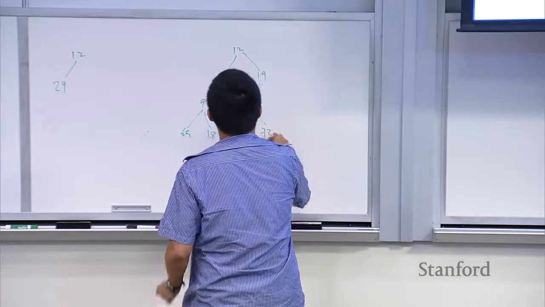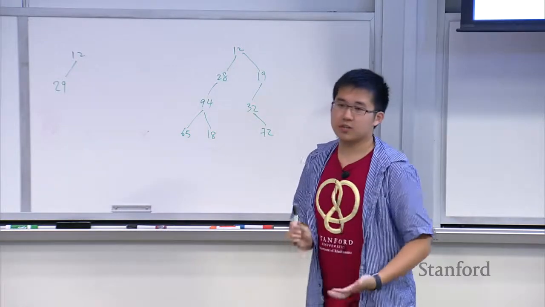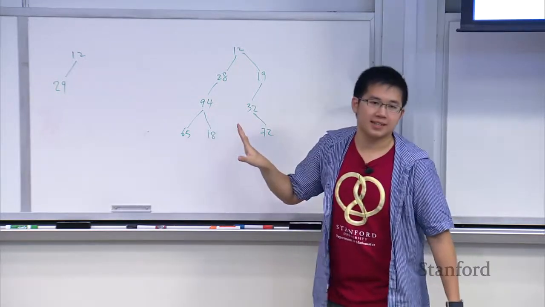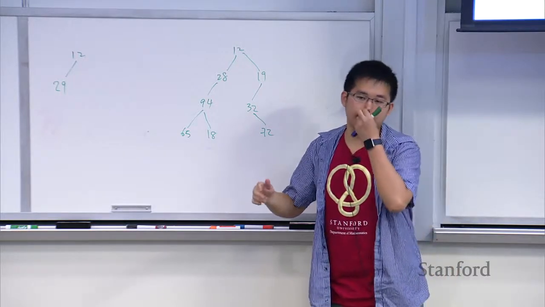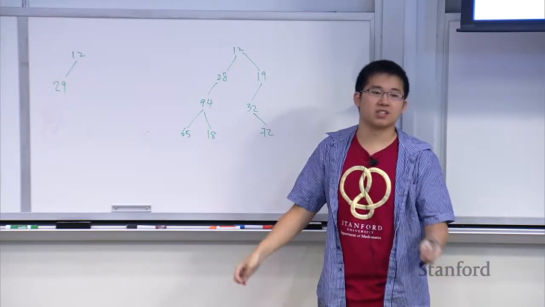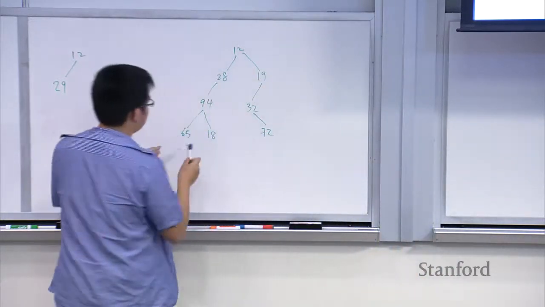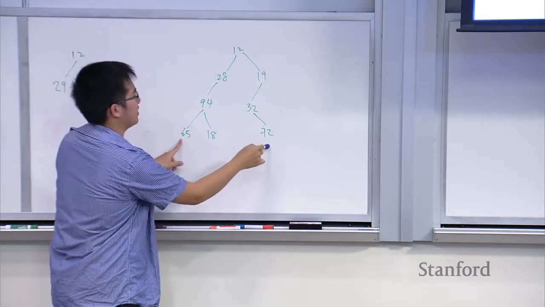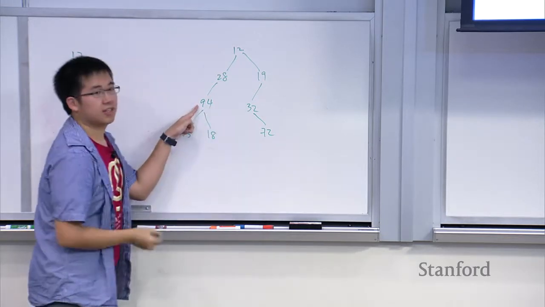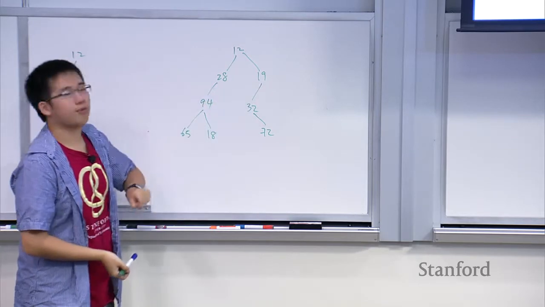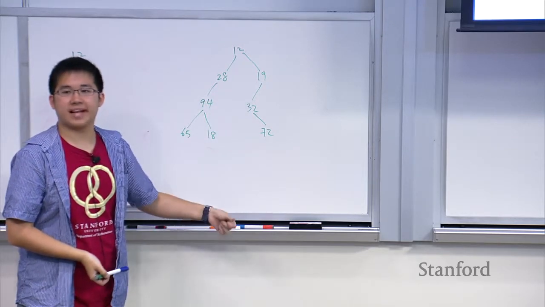Okay. What we want to do in this question is make this tree complete. What does it mean to complete a tree? That means make sure that all the nodes have either 0 or 2 children. For example, these nodes have 0 children, so that's fine. This has 2 children, so that's fine as well. But some of these nodes, like this one and this one and this one, have 1 child, so we want to fix that.